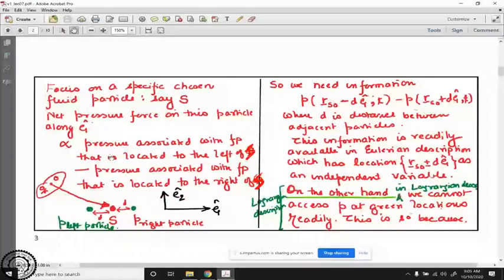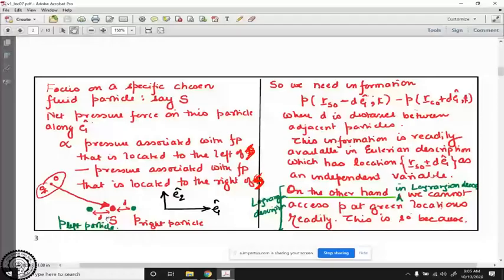So let's focus our attention on a specific chosen fluid particle, say S. This is where S is. Suppose we want to find the net pressure force on this particle S along E1. For illustration, let's just focus on the E1 direction. What is the net pressure force acting on S along E1?